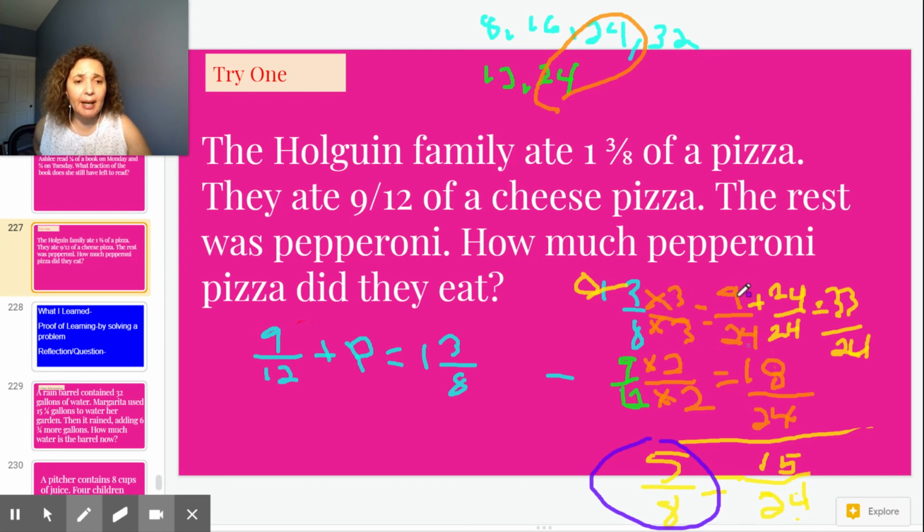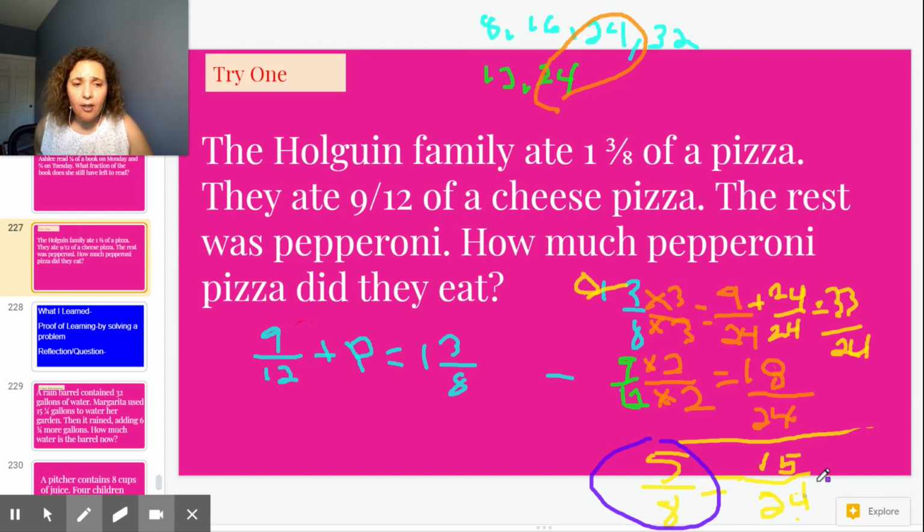So then I got 9 minus 18, which I can't do. So I had to borrow one from the whole, which left me with 0. And since there's 24ths, my one whole turns into 24 out of 24. I added 9 plus 24 and I got 33 out of 24. Then I did 33 minus 18 and I got 15 over 24. But I didn't stop there, right? Because I thought I could simplify.